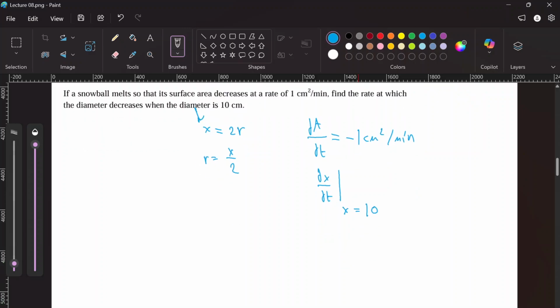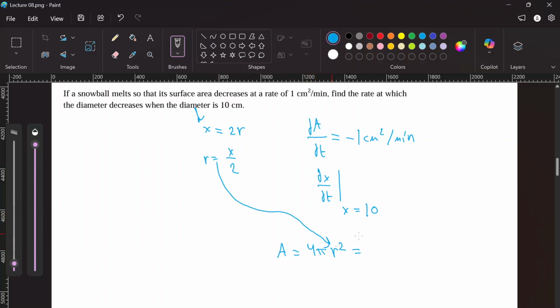Now what's the area of surface of ball? It's this one, right? A equals 4 pi r squared. But I want x, the diameter. How to make it for x, the diameter? Instead of r, we substitute x over 2, right? So remember that r equals x over 2.